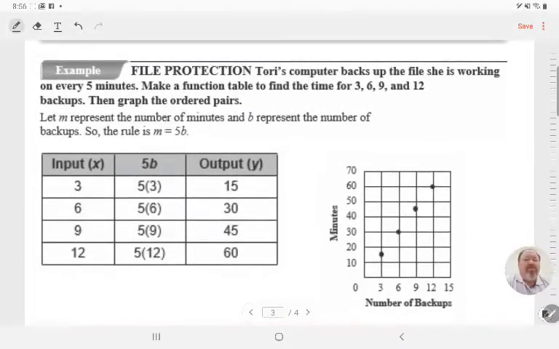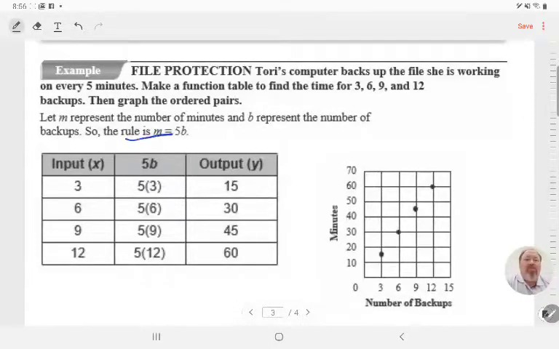So this first problem says, Tori's computer backs up the file she is working on every 5 minutes. Make a function table to find the time for 3, 6, 9, and 12 backups. Then graph the ordered pairs. So the first thing I want to do is state what the variable represents. So in this case, we're going to let M represent the number of minutes and B represent the number of backups.